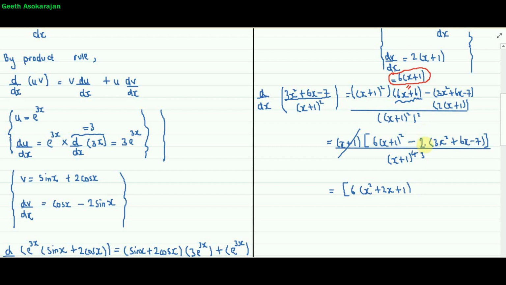And I have a minus 2 into 3x squared, which will give us a minus 6x squared. Minus 2 into plus 6x, which is minus 12x. Minus 2 into minus 7, which is a plus 14. And that is all divided by this (x plus 1) cubed below.